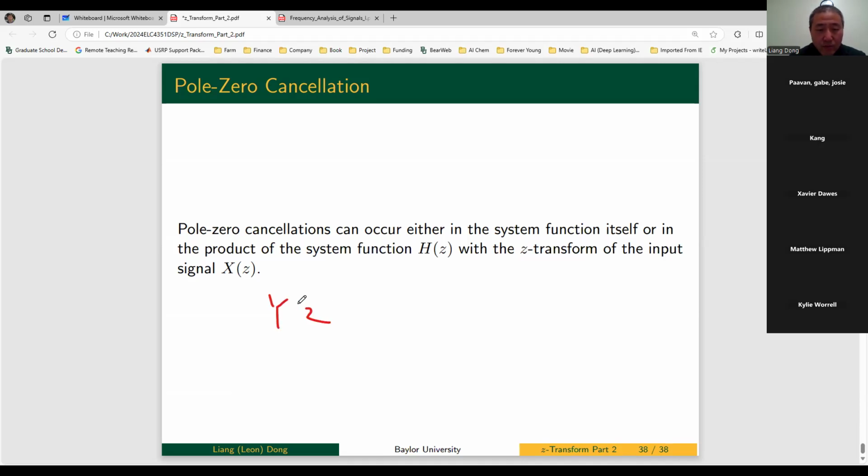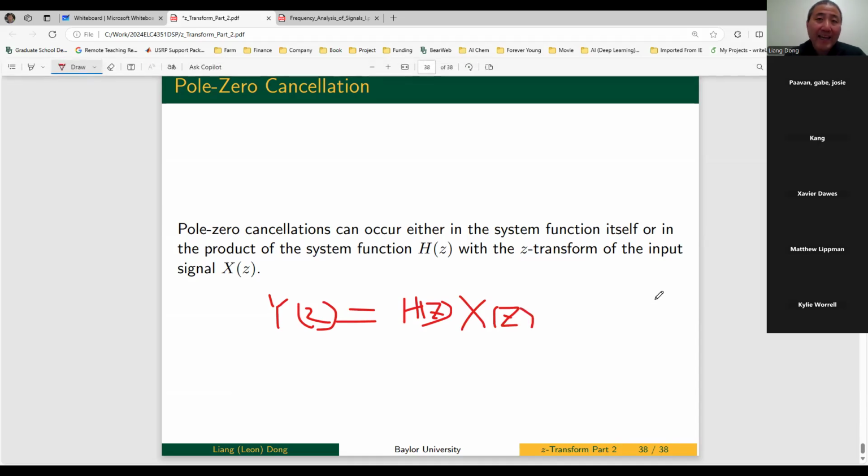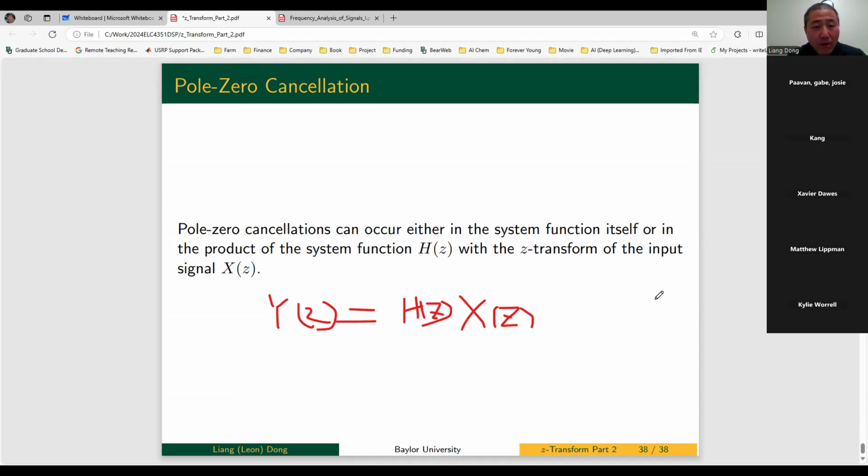Y is equal to the product of these two, H times X. By doing this product, using some smart input signal, I can cancel out your system poles, if the poles are outside the circle, something that makes my system unstable.